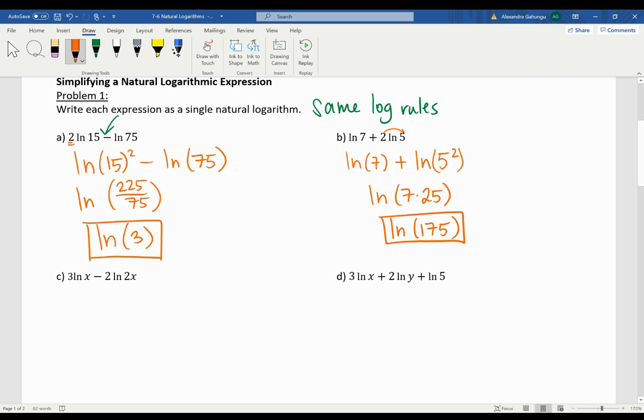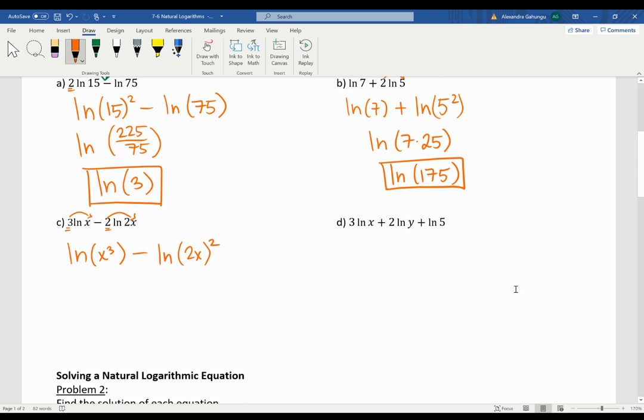Again, same log rules. Make sure that those coefficients are things that we move right away. This guy's important because, again, we've got coefficients. And now we have 2 terms here. So what we're going to do is write ln x cubed and minus, now it's the ln of 2x, that whole thing squared, not just the 2, not just the x. So we will combine these by writing it as ln, and the minus sign means I'm going to have a division sign here.